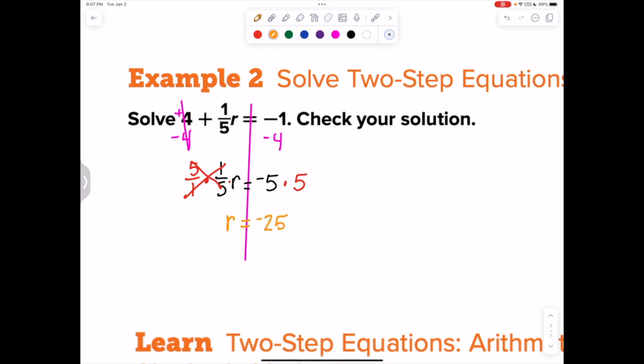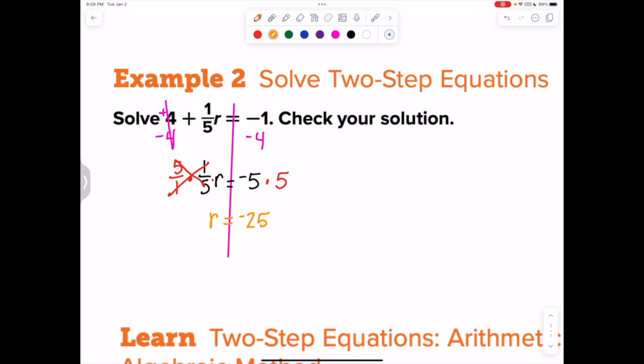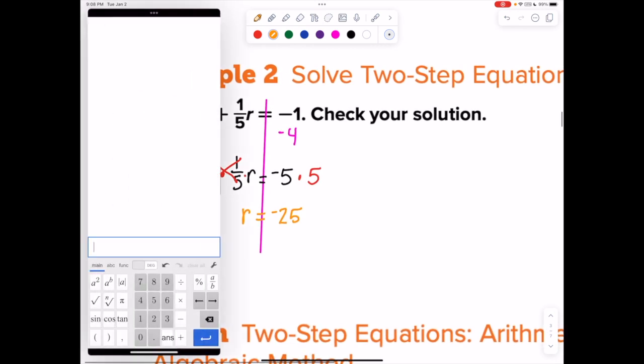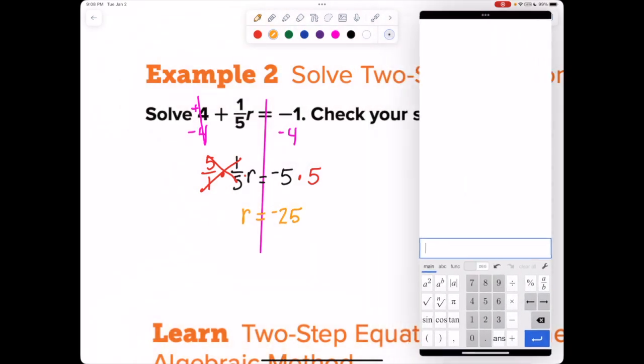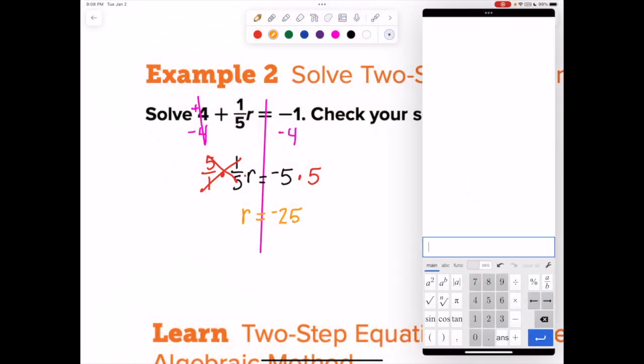Okay. All right, let's go ahead and check and make sure we're good. Another thing you can be doing for the checks, if you want, is to just be using Desmos here. So remember how you would type that in. We would just do 4 plus, and then the fraction bar, 1, and then touch the 5. Now it's going to start giving a solution, so you have to sort of just ignore that for a second and push the arrow to the right.